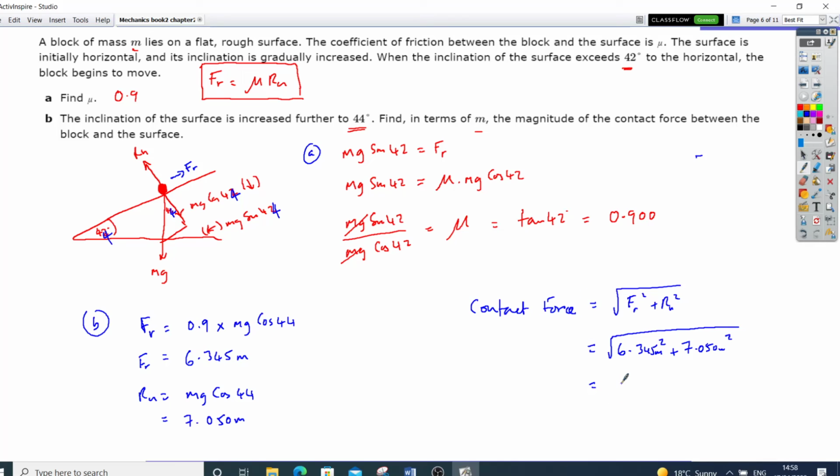We'll get 89.954 m squared, which all needs square rooting. If we square root that, we get 9.48, and the square root of m squared is m. So the magnitude of the contact force is 9.48 m.